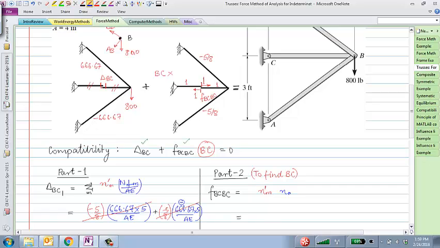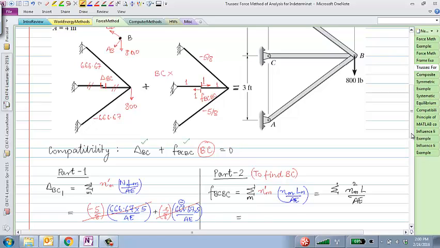And then we have Nm Lm over AE, and we need to sum that up over all the elements m, which simply ends up being Nm square L over AE.